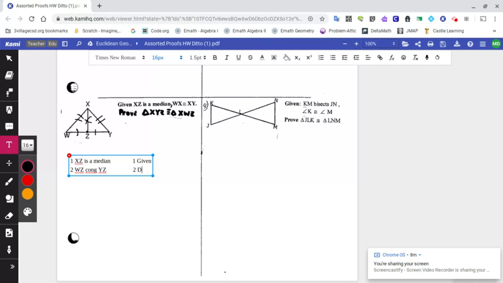That's by definition of median. Three, we've got WX congruent to XY. Four, we've got XZ congruent to XZ by reflexive.